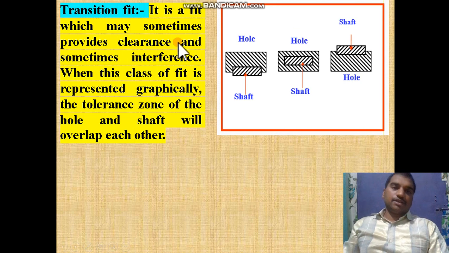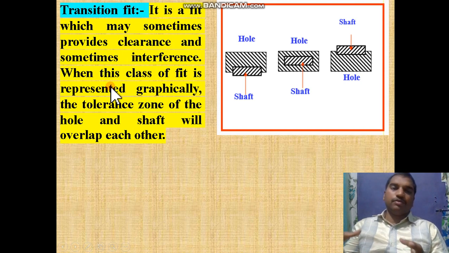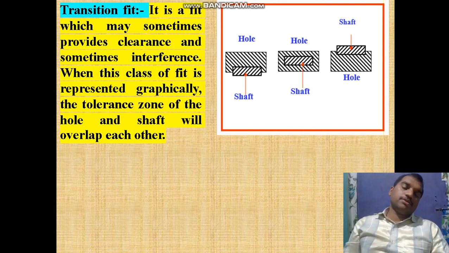The definition of the transition fit is: it is a fit which may sometimes provide clearance and sometimes interference. Sometimes the hole will fit the shaft, sometimes it will not.